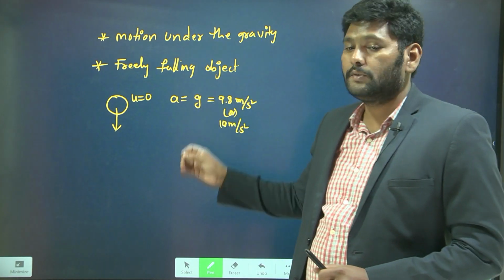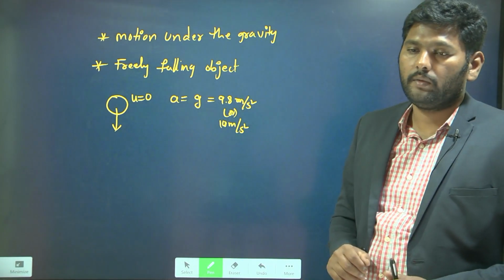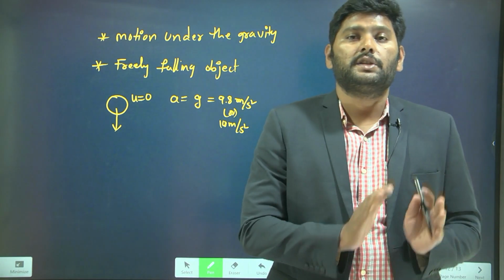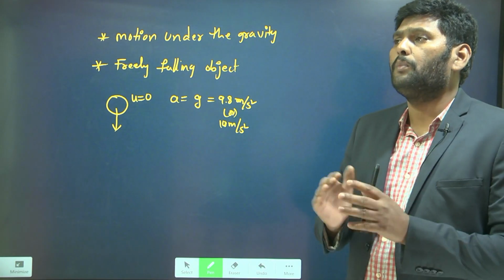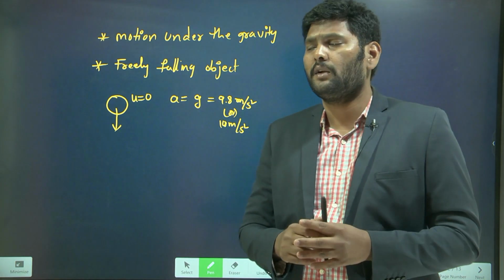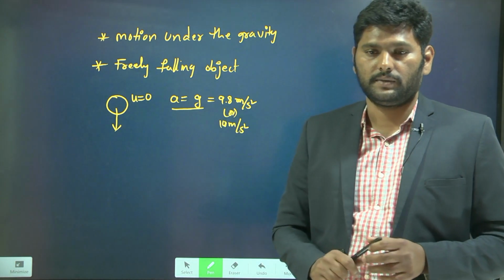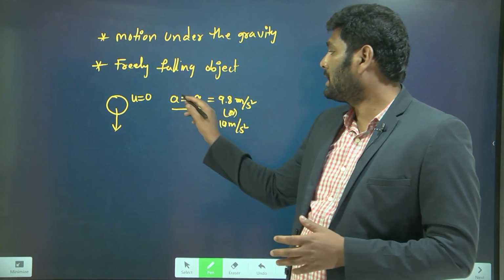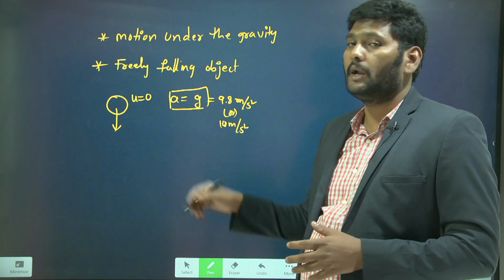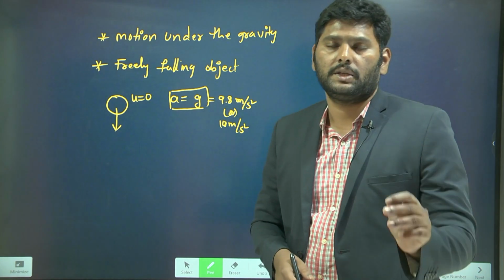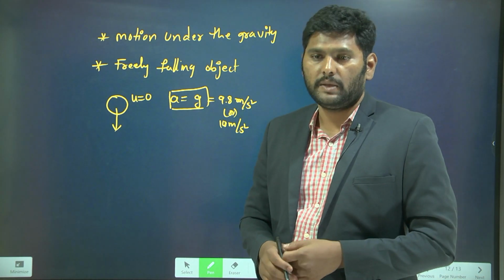All these things we need to derive by using the equations of motion. Why will you apply equations of motion here? Because this acceleration is a constant acceleration. Since it is constant acceleration, we can apply equations of motion for any object moving with constant acceleration.